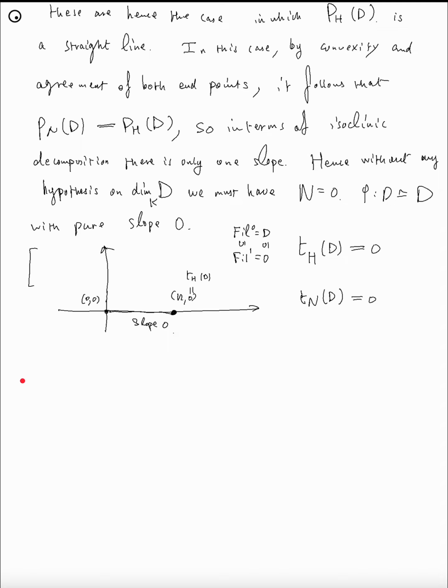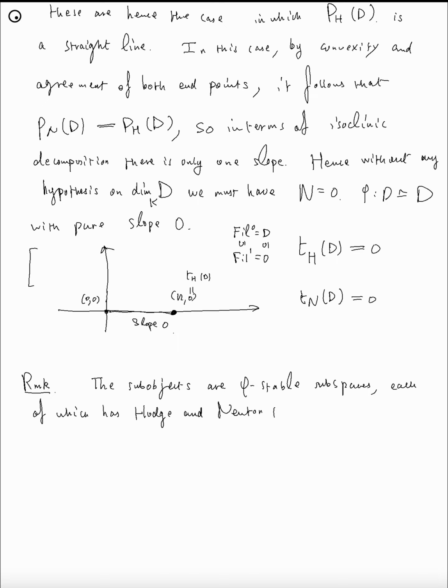So, the remark is that if this is the case, then the subobjects are phi-stable subspaces, each of which has Hodge and Newton polygons that coincide as segments along the x-axis.